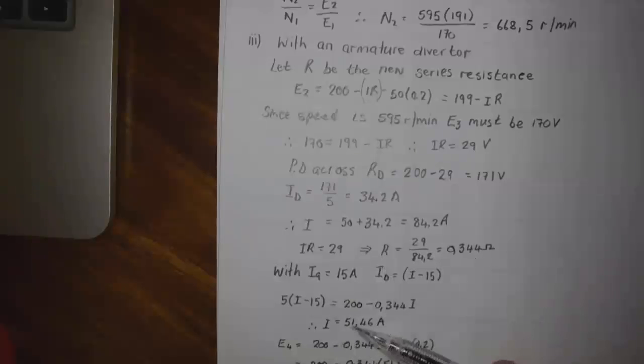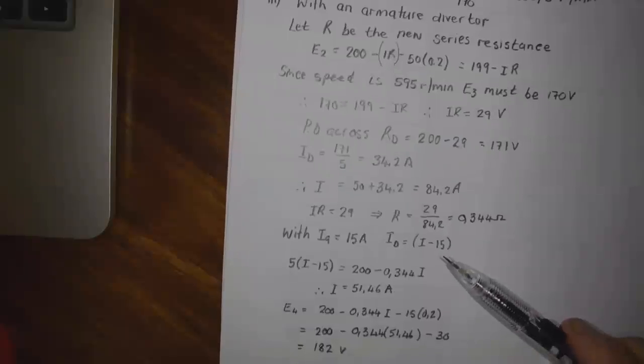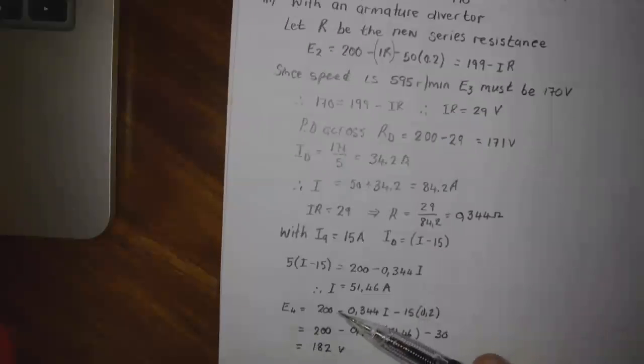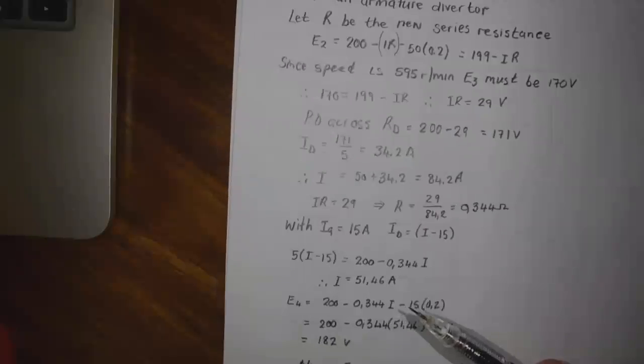So if IA is equal to 15 amps, ID is I minus 15. 5 times IA minus 15 is 200 minus 0.344 I. And then we calculate I, which is 51.46.